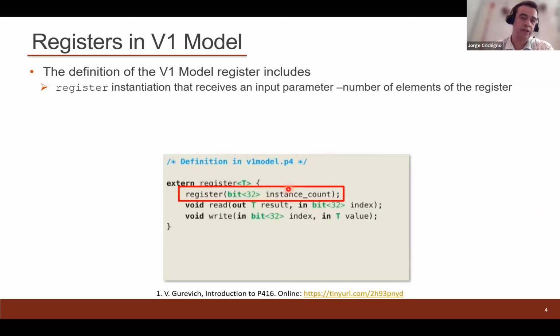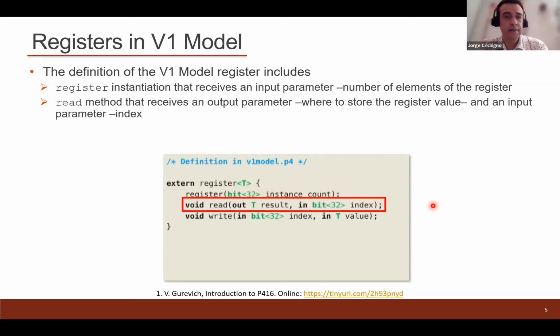So you can think about the register as an array, and we have to indicate how many elements this array will have. There is a method to read, and it has two parameters. The first one is the result, an output parameter, where to store the register value. We're reading, we're extracting from the register. So we're placing here what we read, and then the index. And this is which element in this array we want to read. And then we have the write.